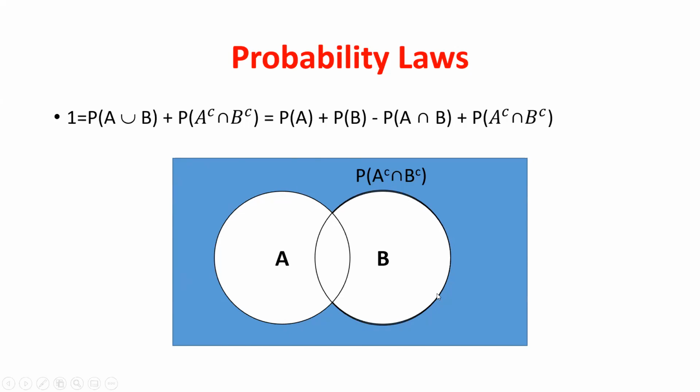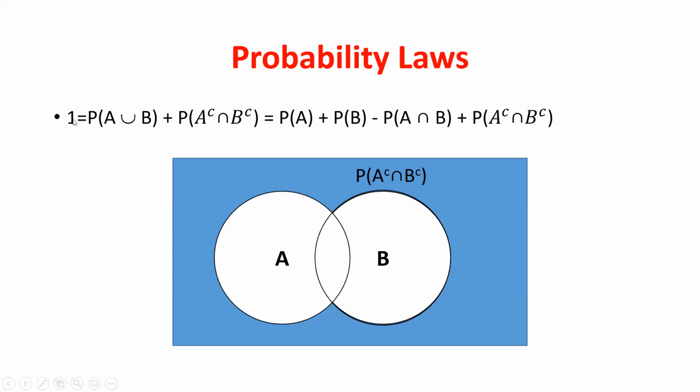But everything that's not in this union of A and B, this blue area, I can write as the probability of the intersection of the complements of these 2 events, so the intersection of A complement and B complement. So if I took this blue area and added to it the white area, it fills up the entire space. It adds up to 1. So if I add the probability of the union, that's the white area, to the intersection of the complements, the blue area, these 2 things have to add up to 1.